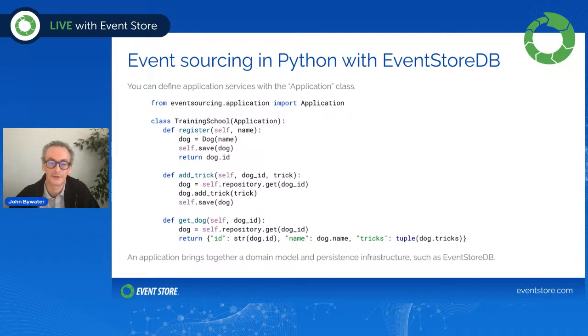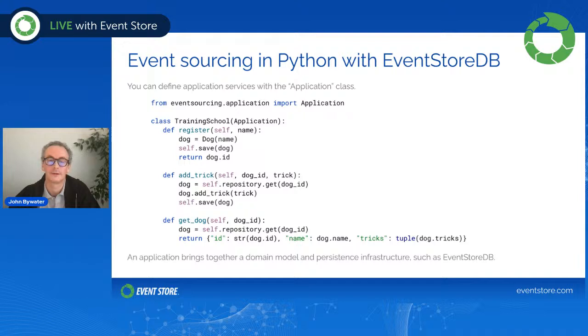And then the get dog method simply reconstructs the current state of the dog aggregate and returns a dictionary which picks out the attributes of the dog, converting the dog tricks list to a tuple, so that there's no chance of an interface messing up the state of the aggregate.